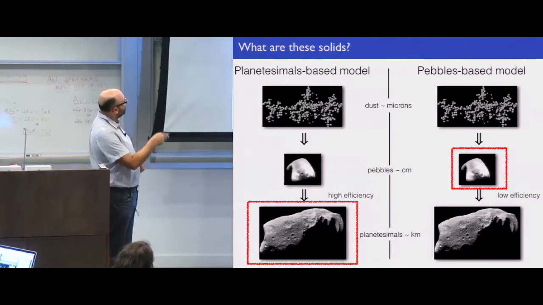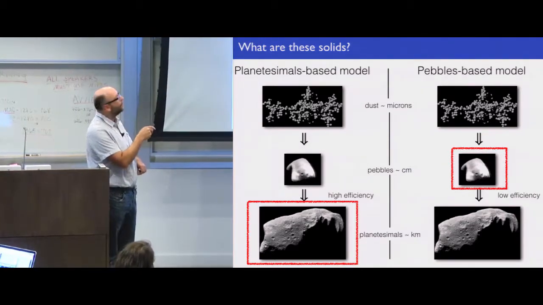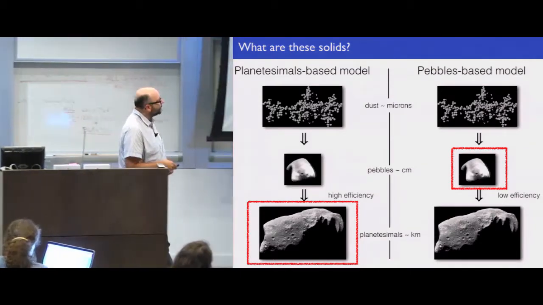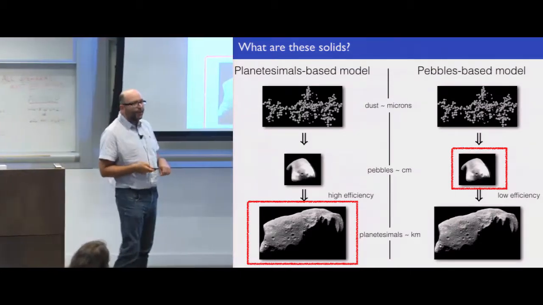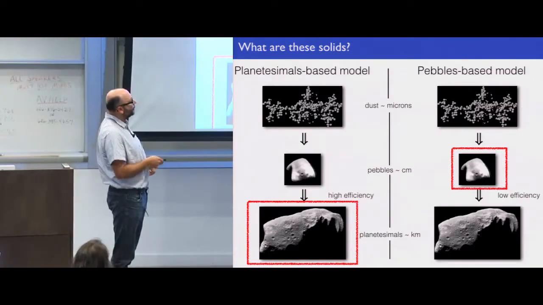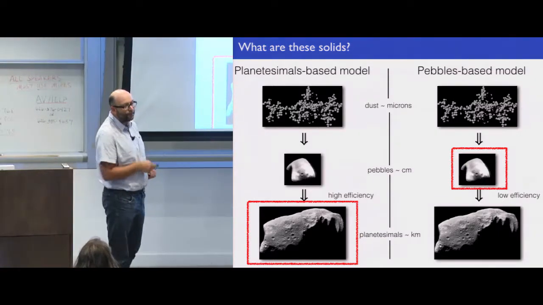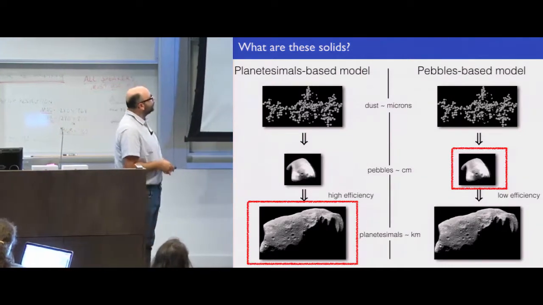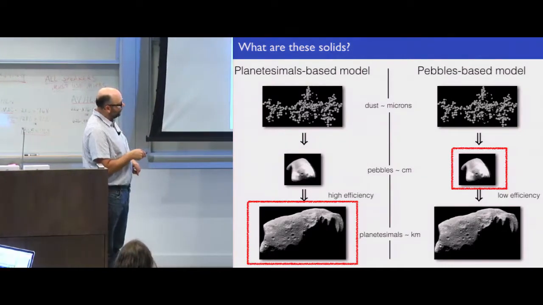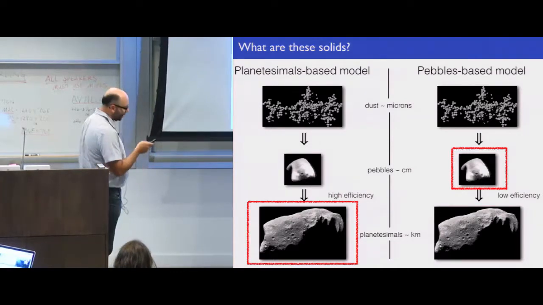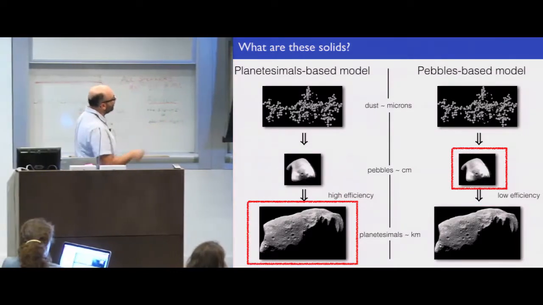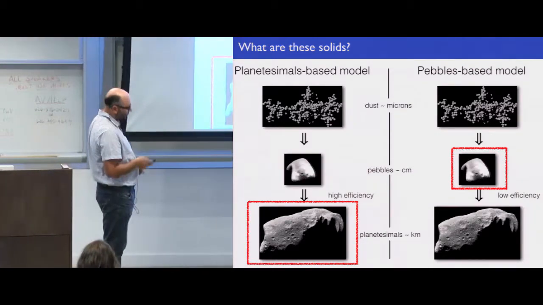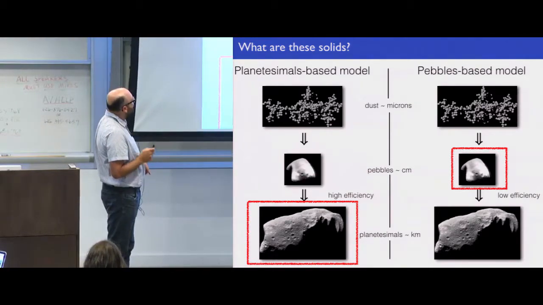So basically, you convert a lot of the mass that was initially in dust into planetesimals. So the mass is in planetesimals. And in the pebble-based model, you have a few planetesimals that are formed, but the majority of the mass is in pebbles. So these are two different classes. Either you assume that there is a lot of mass in big objects or in small objects. I will come back at the end of my talk to these two models, trying to see how they can work with one another.